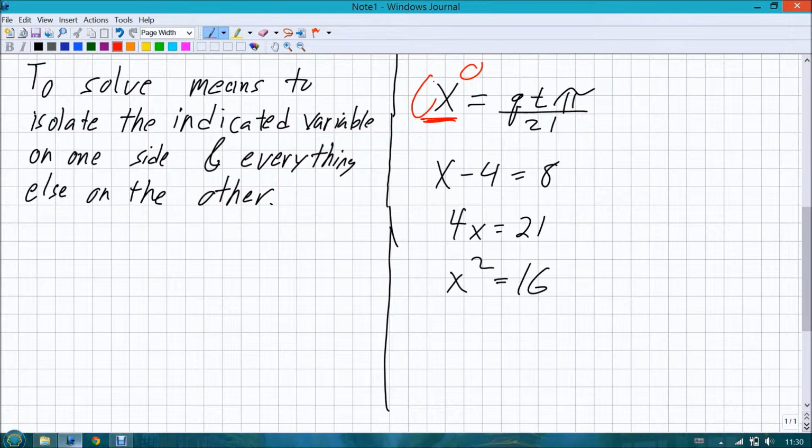No powers, no exponents, you can have subscripts, but no coefficients, nothing else, nothing being added or subtracted, nothing. It needs to be absolutely by itself, and only invisible ones may hang out with it. That's what it means to be solved. So this one is not solved, this one is not solved, this one is not solved. The only one that's solved is the one that's on top, which is why it's called a QT pie.